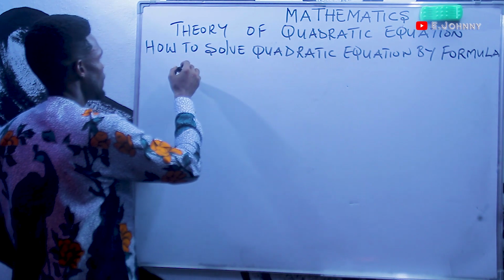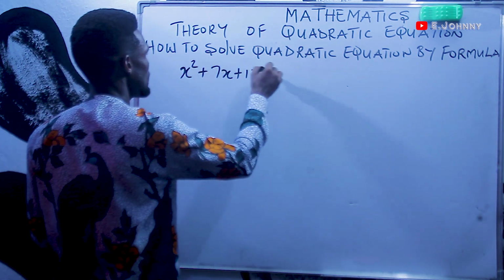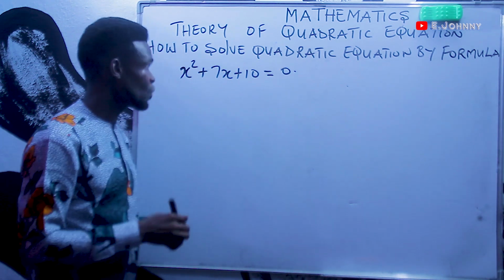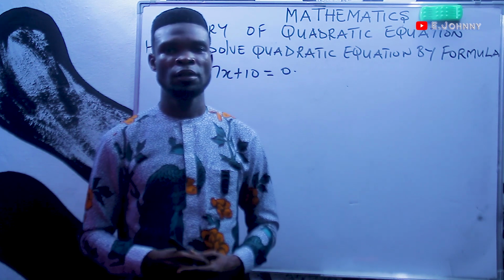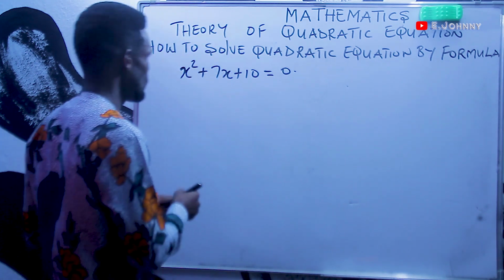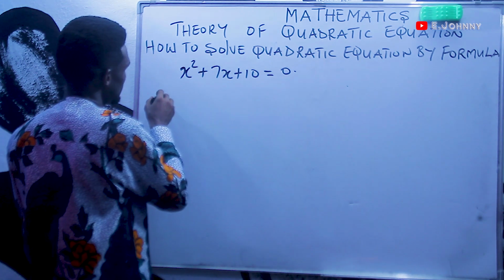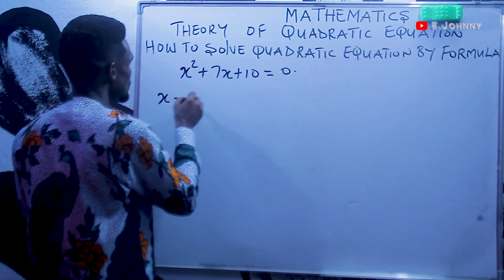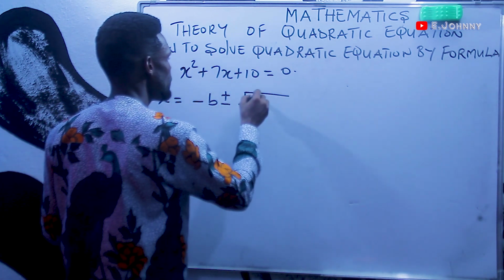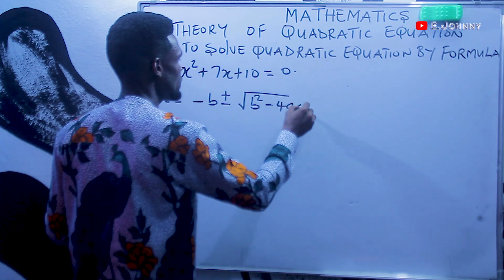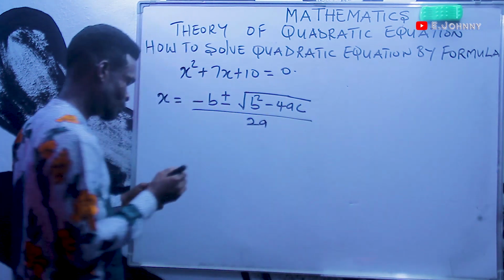If I have x squared plus 7x plus 10 equals 0, and the question is to solve this by using the quadratic formula, what do you do? You have to recall that the quadratic formula is x equals minus b plus or minus the square root of b squared minus 4ac, all over 2a.